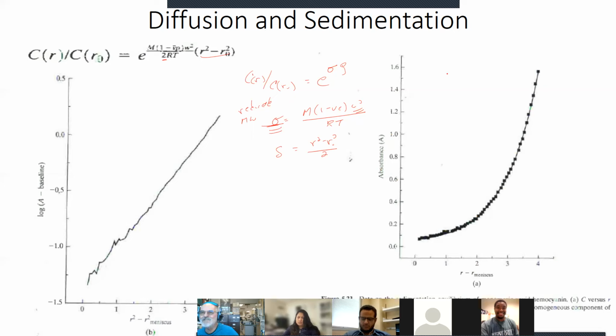We usually want sigma to be somewhere between 2 and 3, 2 and 4, and you get different shallow curves depending upon what the value of sigma is. It can be shallow, it can be steep, and that's generally reflected in this sigma value.